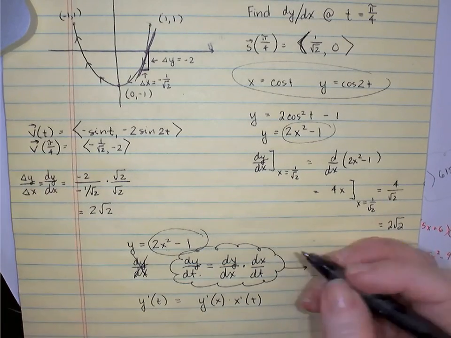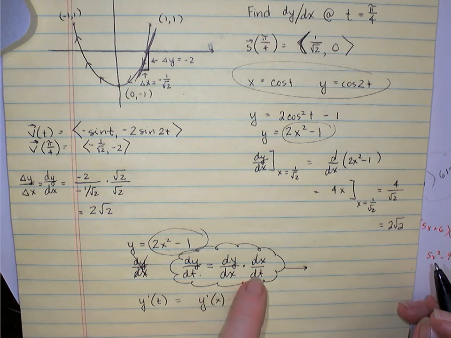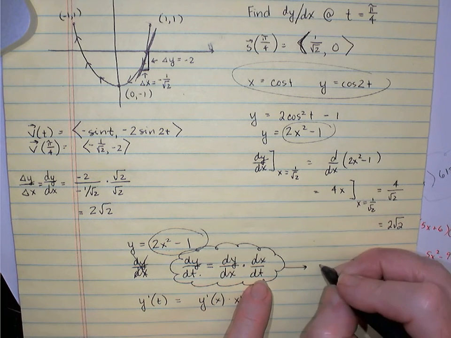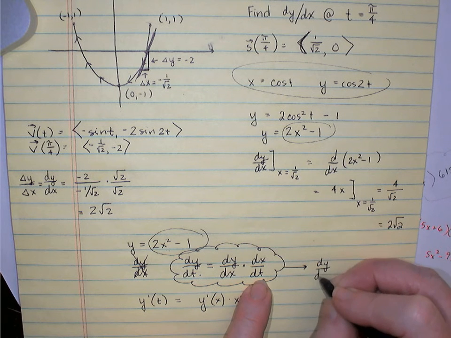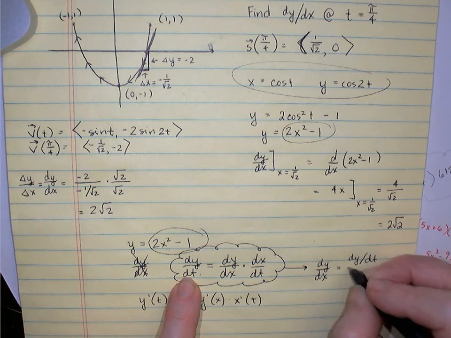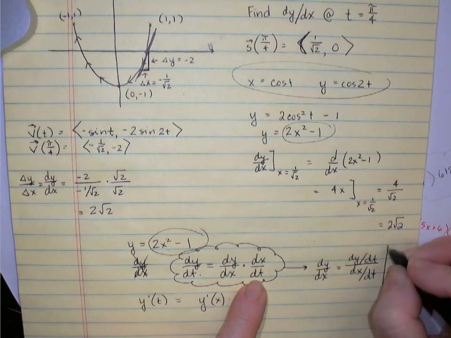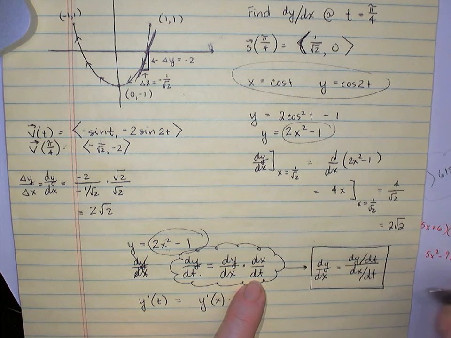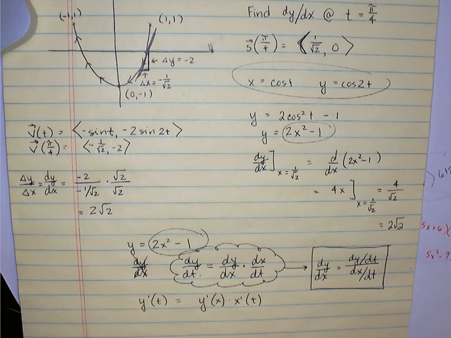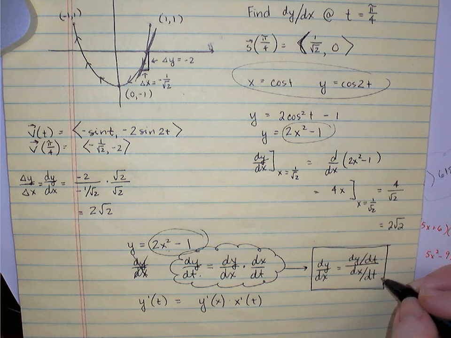I'm looking for dy/dx, so I'm going to divide both sides by dx/dt. What I end up with is dy/dx is going to be dy/dt divided by dx/dt. And this is the formula we're going to use when we have parametric equations. Whenever we're looking for the slope of the line, it's going to be dy/dt over dx/dt.